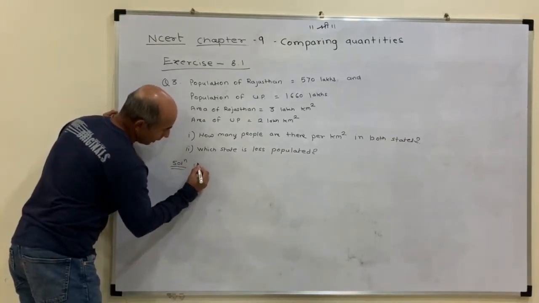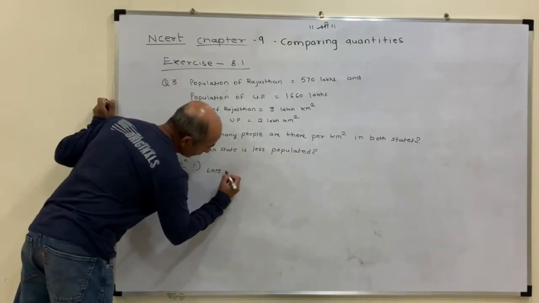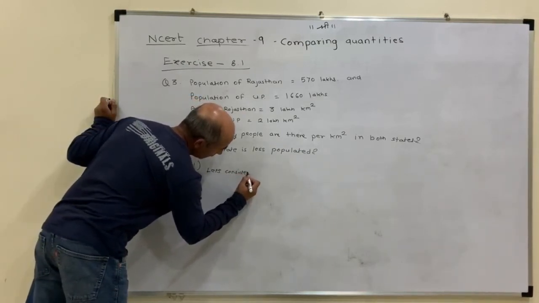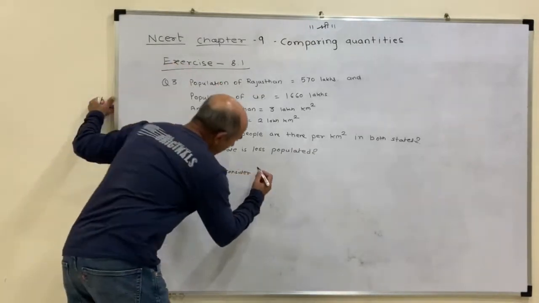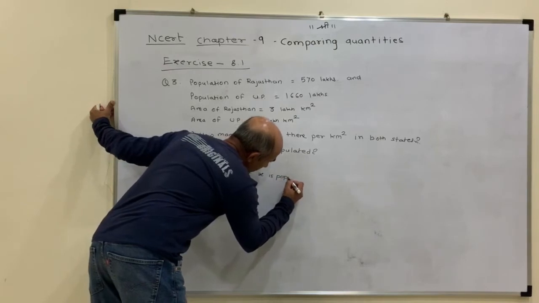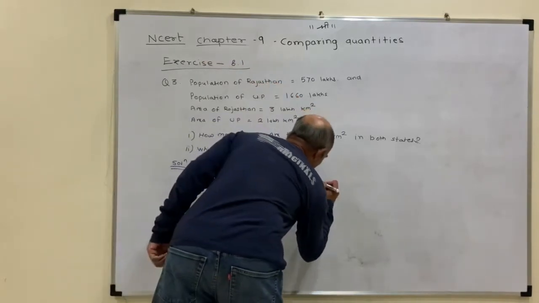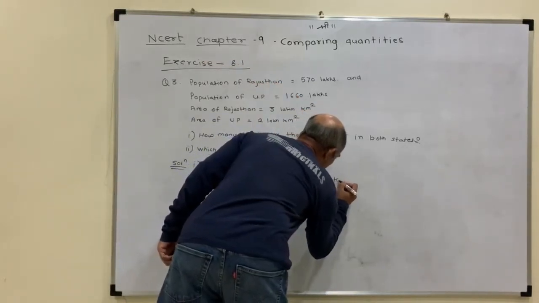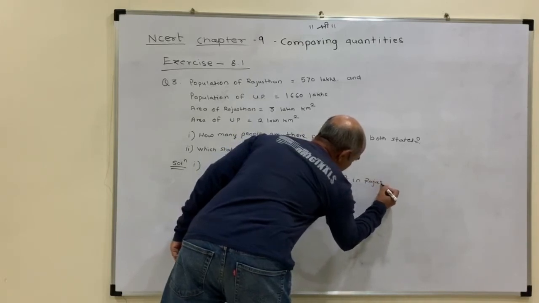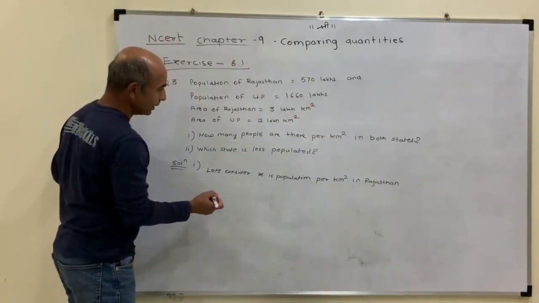Now let's consider X is the population per kilometer square in Rajasthan. So now my proportion is how much?